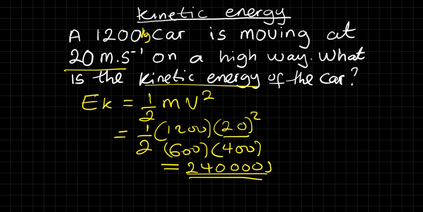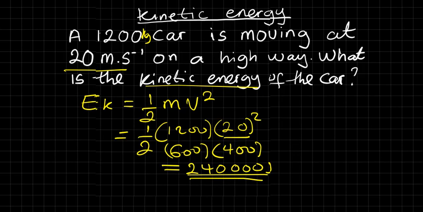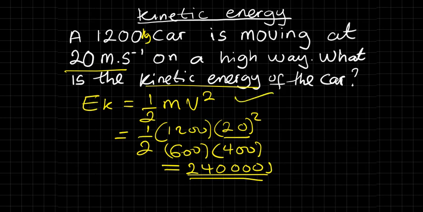A 1,200 kg car is moving at 20 meters per second on a highway. What is the kinetic energy of the car? So now, the kinetic energy, that is what the question is all about, to calculate the kinetic energy.